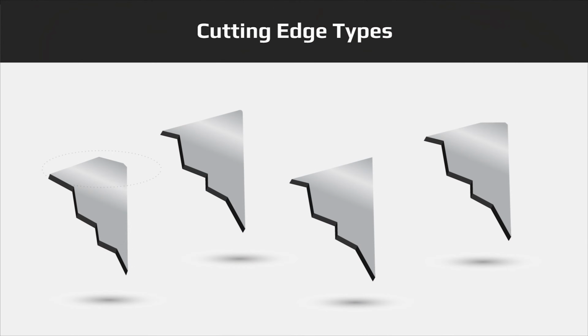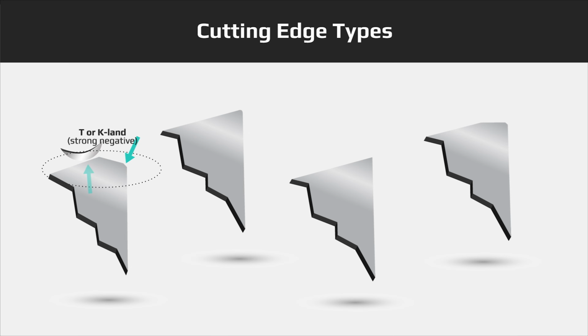Now that we know a little more about what we're looking at, let's discuss the cutting edge types. The first cutting edge type is the T-land, or K-land as it is sometimes referred to. This is the strongest edge prep and is characterized by its negative approach to the material at the primary cutting edge or land area. This pushes the cutting forces into the strongest part of the carbide, which is capable of absorbing incredible stress.